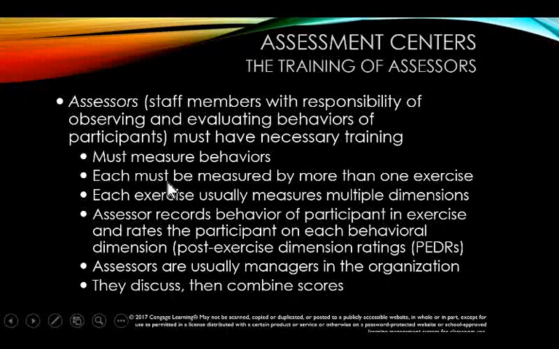This is intentional, class, so that you're not capturing stuff that's specific to the task, but rather you're trying to measure the skill as it shows up in multiple tasks. Now, this is more idealistic than realistic, class, and I'll explain in a bit. So, to put that another way, each exercise usually measures multiple KSAOs or multiple dimensions. Each assessor will record the behavior of the participant in each exercise and then provide ratings on each of the KSAOs.